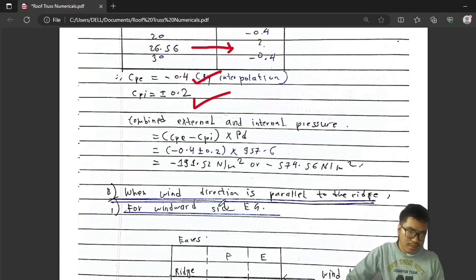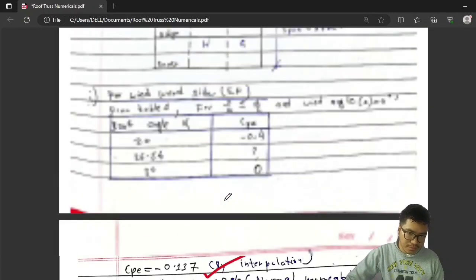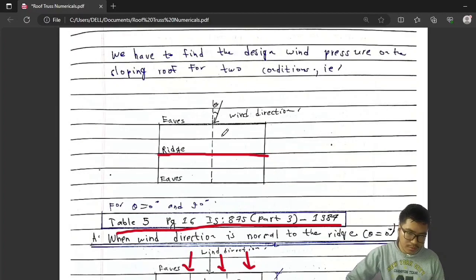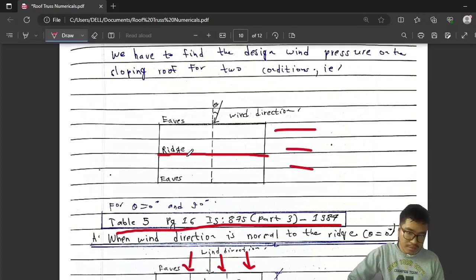And B is when the wind direction is parallel to the ridge. So when theta is 90 degree, the wind direction will be this, which is parallel to ridge.